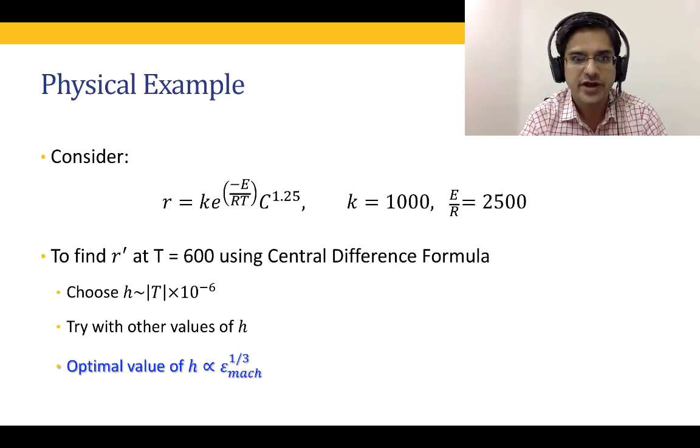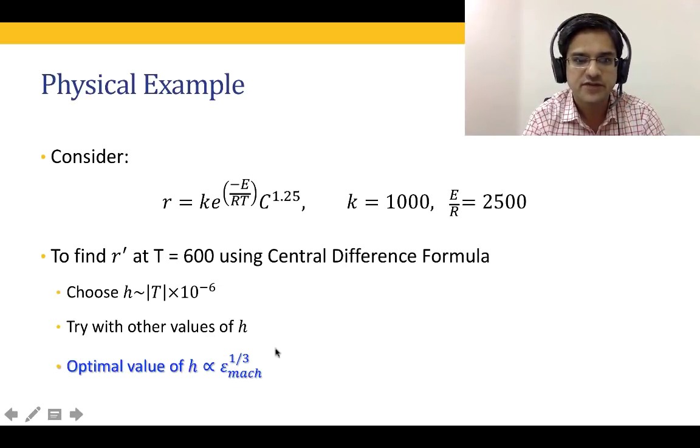So that completes our exercise of finding dr by dt at T equal to 600 kelvins using the central difference formula, where R is the rate of chemical reaction of the Arrhenius form. What you can try to do is see the effect of other values of H, how increasing or decreasing the value of H changes the errors in dr by dt.